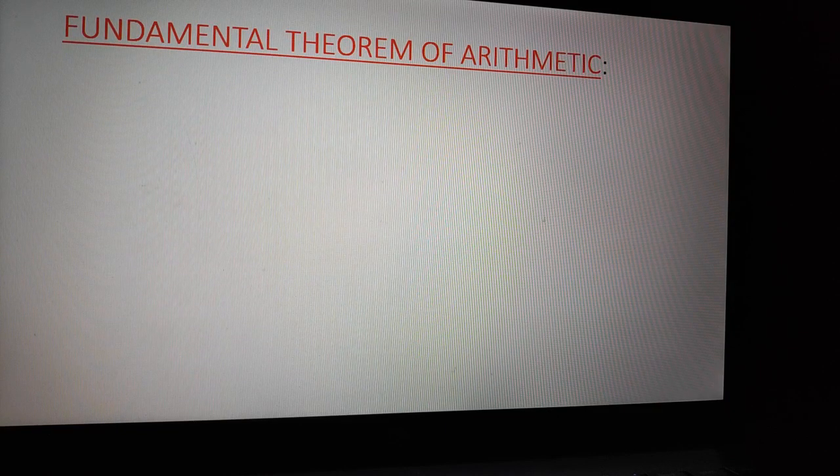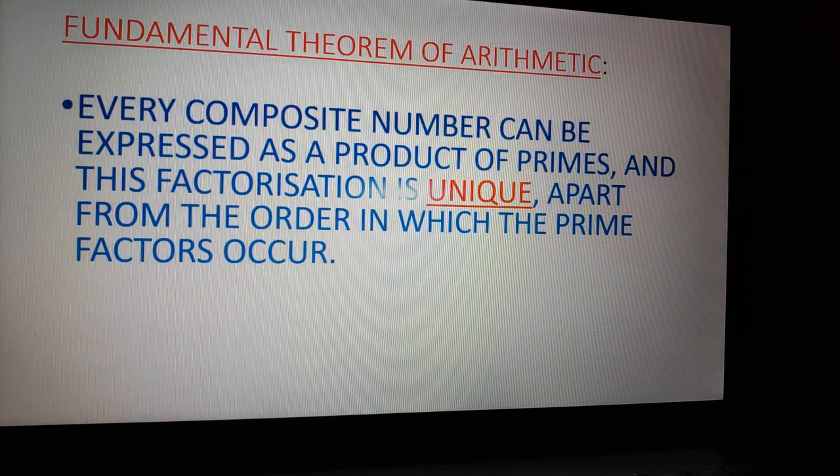Next, for class 10, this is a new topic, that is the fundamental theorem of arithmetic. In this theorem, we have to consider composite numbers. Every composite number can be expressed as a product of primes, and this factorization is unique apart from the order in which the prime factors occur.